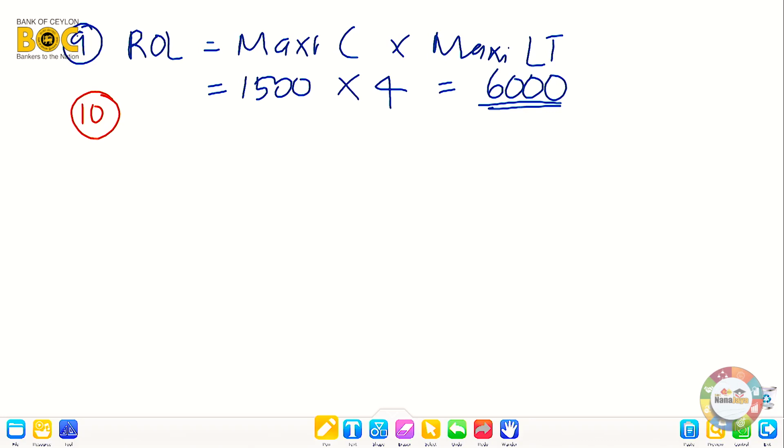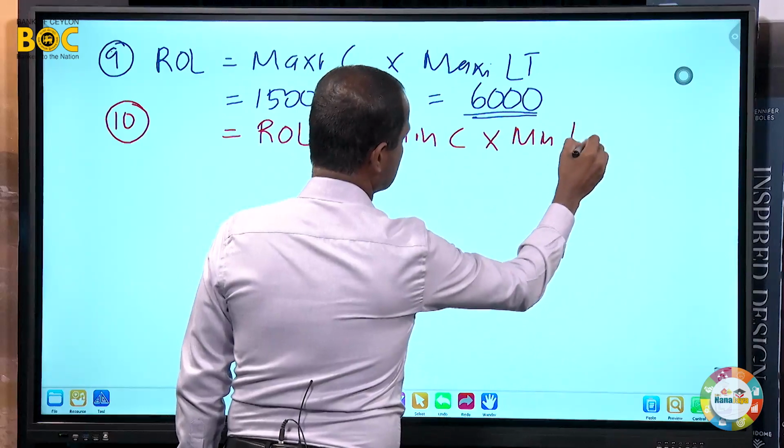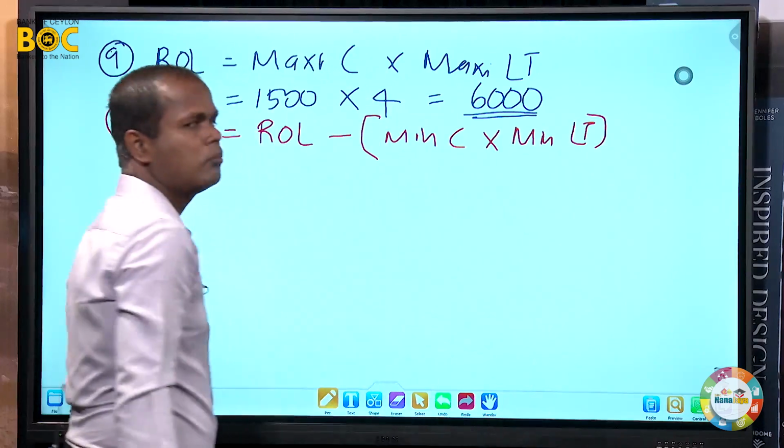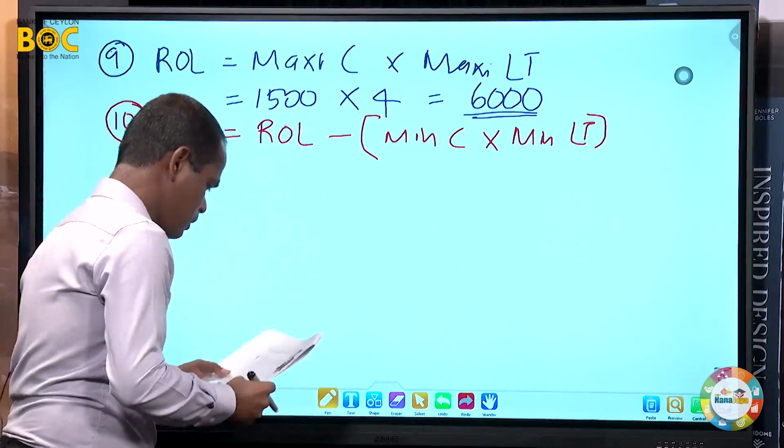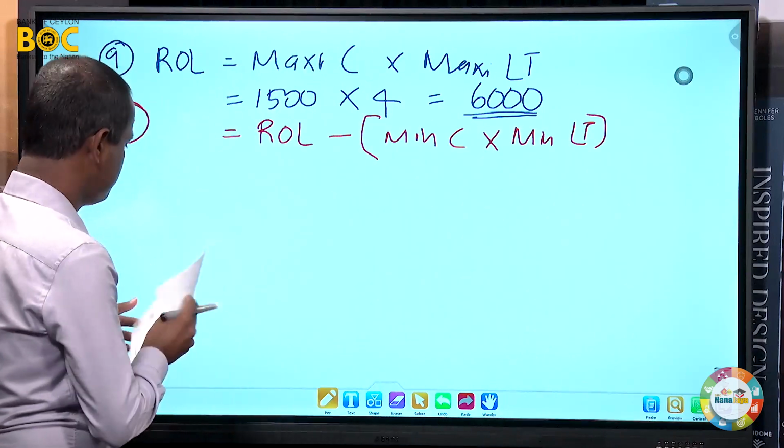The minimum stock level equals the reorder level minus minimum consumption into minimum lead time.